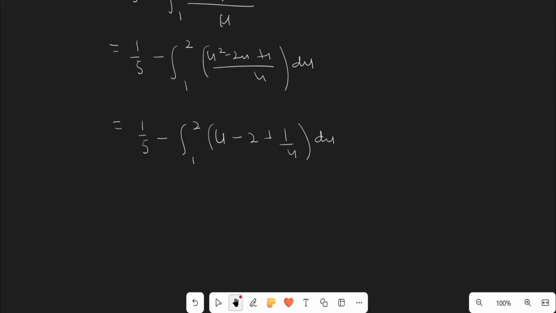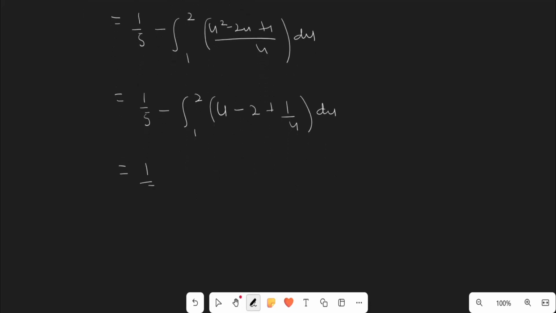That is dividing each term by u, the denominator. So 1/5 minus, now integrating this one gives 1 over 2 u squared minus 2u plus the ln of u, and we are integrating all of this from 1 to 2.